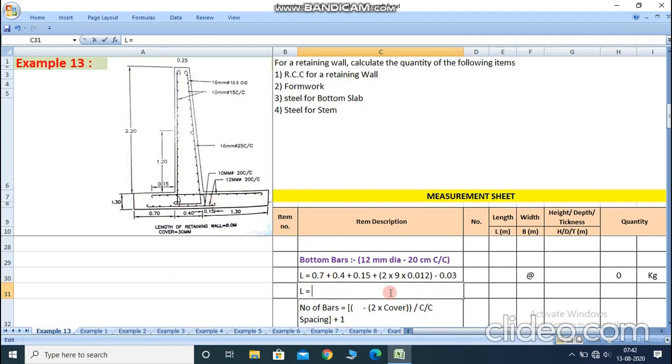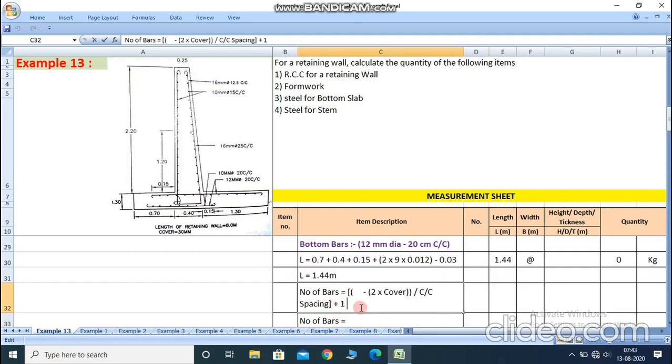So the total length of the bar is equal to 1.44 meter. Then after that we calculate the number of bars. The total length of the retaining wall is 8 meter, already given in the figure, minus 2 times cover.